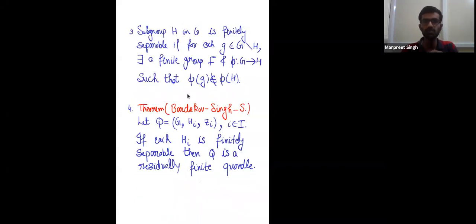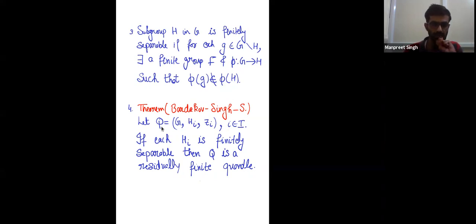What do we mean by finitely separable? We take an element g in a group G which is not in the subgroup H. If we can find a finite group F and a homomorphism φ such that φ(g) does not belong to φ(H), then H is finitely separable.